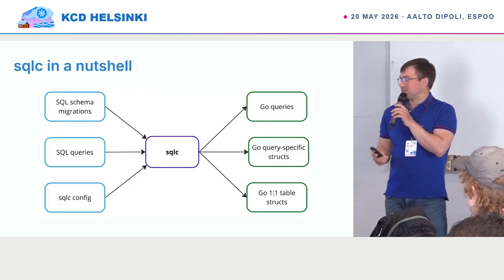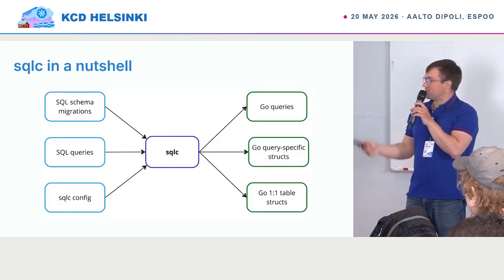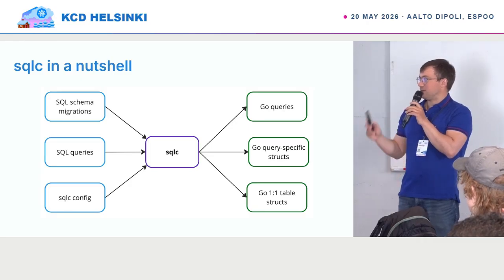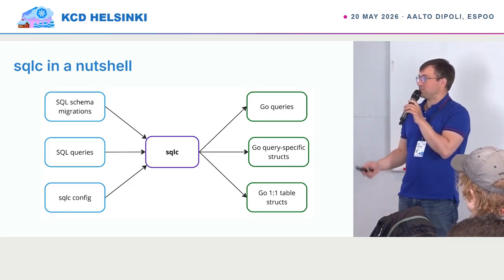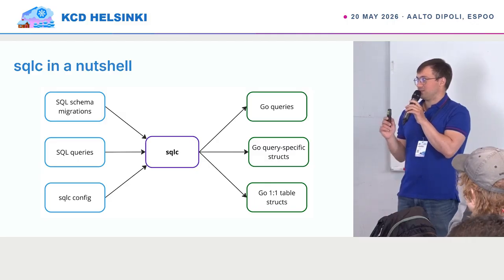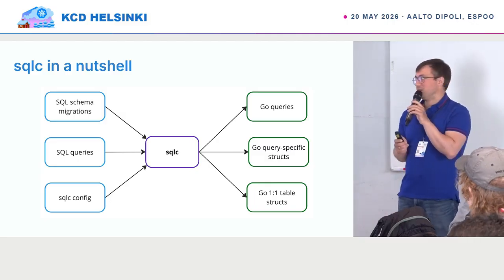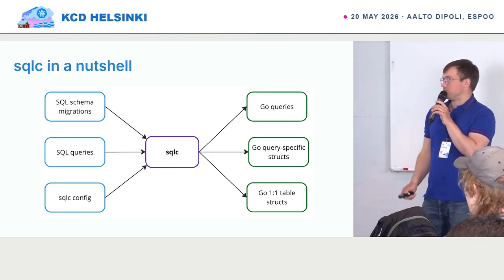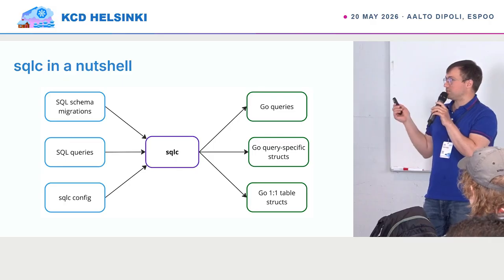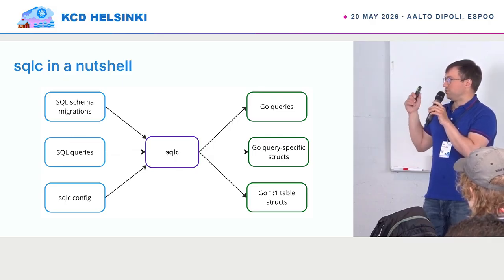So in a nutshell, in the center, it's sqlc. As the input, it takes SQL schema migrations. It takes the SQL queries which you want to run in your application. And then it takes a configuration file. And as the output, it produces the Go code which helps you execute the queries.